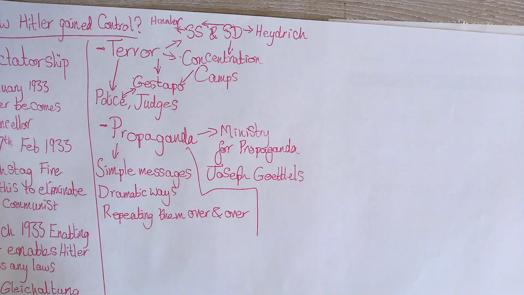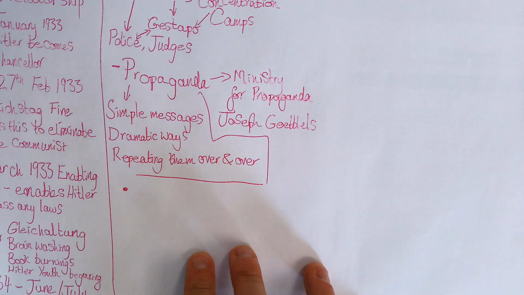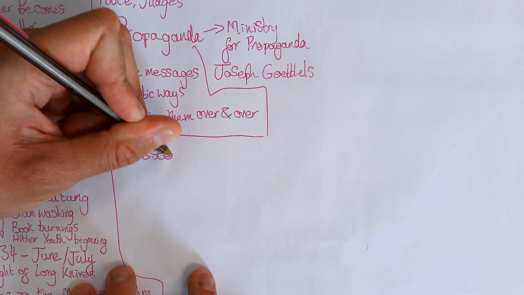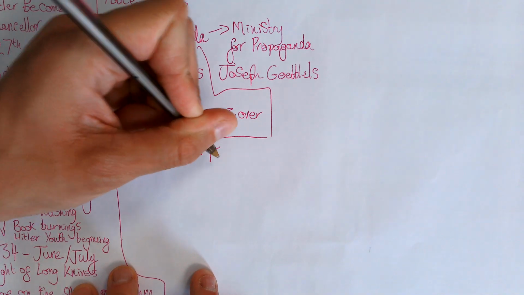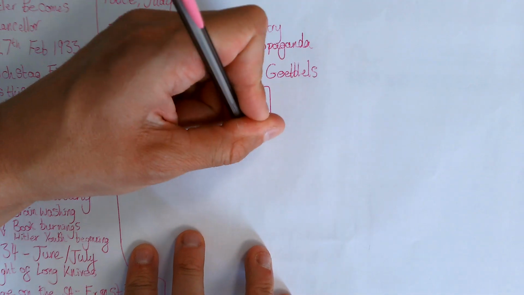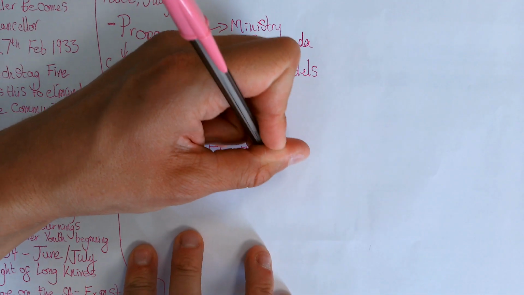And we see that obviously in posters, but the Nazis' propaganda regime is really sophisticated because they're not just using posters, they're also using film. And when I say film, we're talking about news film, but also movies.